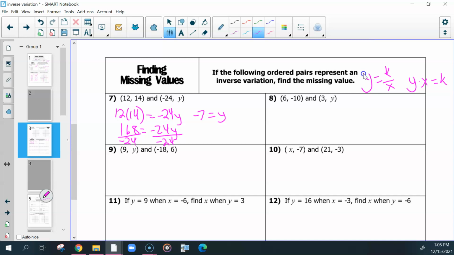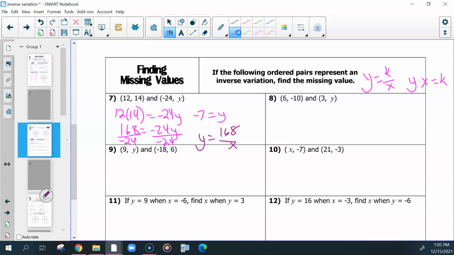Which it does. So these didn't say write the equation, but because they have the same constant, this would be an inverse variation, and we could write that y equals 168 over x.